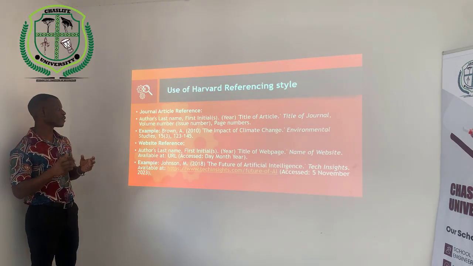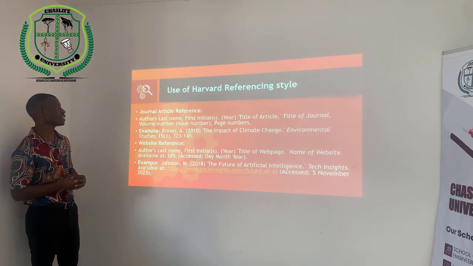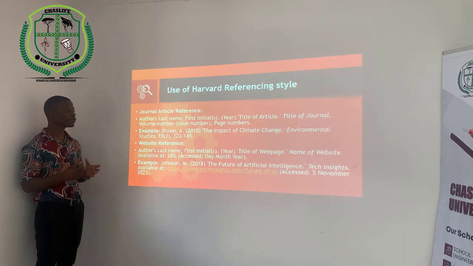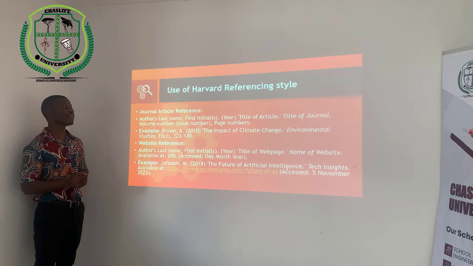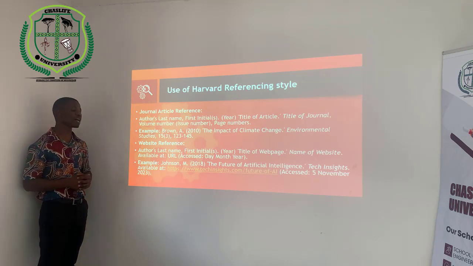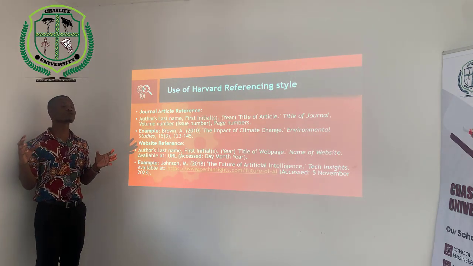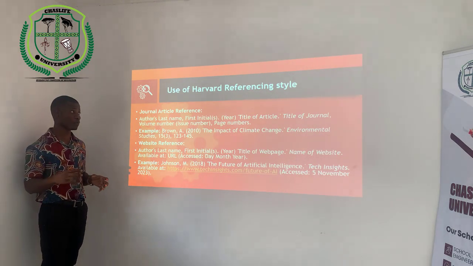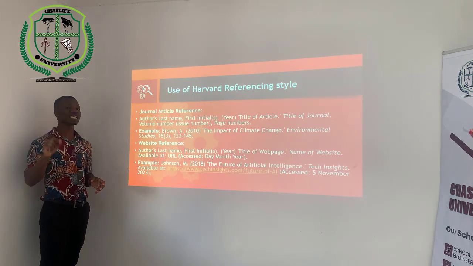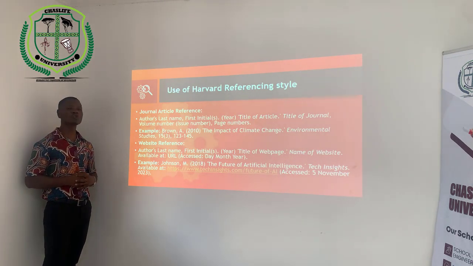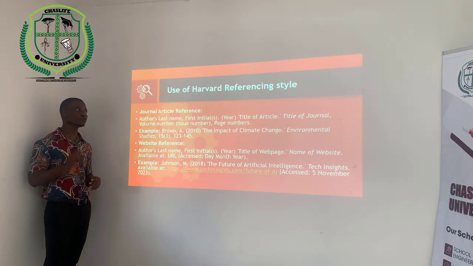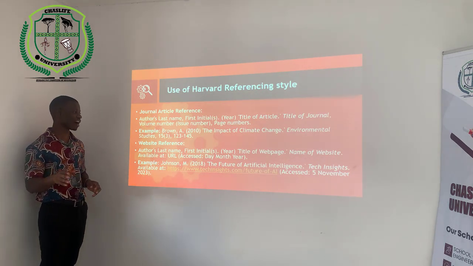And then Environmental Studies is the journal, and then we have the volume number, which is 15, and the page number is 123 to 145. That means that's where you have gotten the information from. That is how you cite using the journal article reference, using Harvard referencing style.